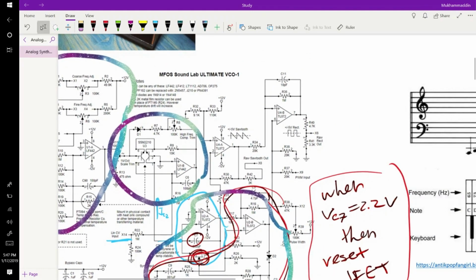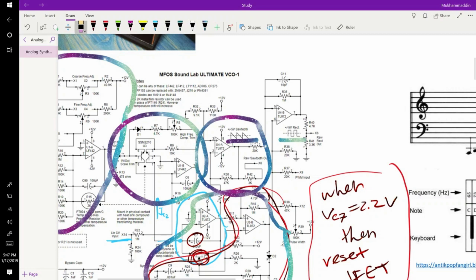Later, we will be talking about wave shaping. So we'll be talking about how to create this sawtooth wave, how to create this pulse wave, well, I guess square wave and PWM. Oh, no, wait, this one doesn't have PWM. So we'll be talking about wave shaping.